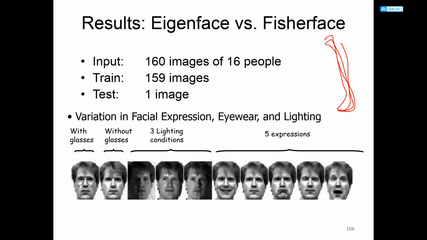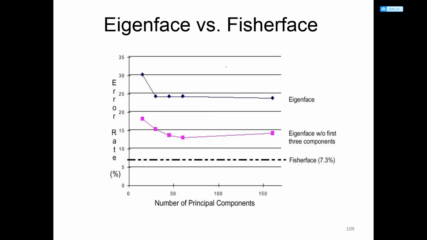They tried different conditions, like with and without glasses. They trained on not a very large data set, only 160 images, 16 people and so on. With Fisherface, they got 7.3% error. Of course it's not really that impressive now.